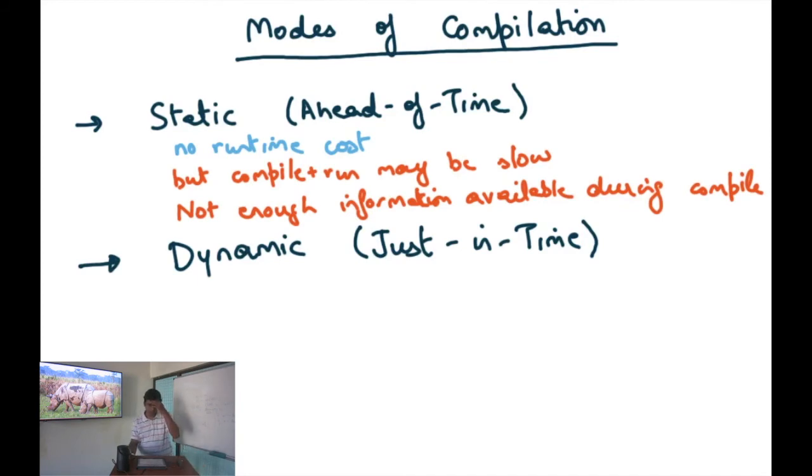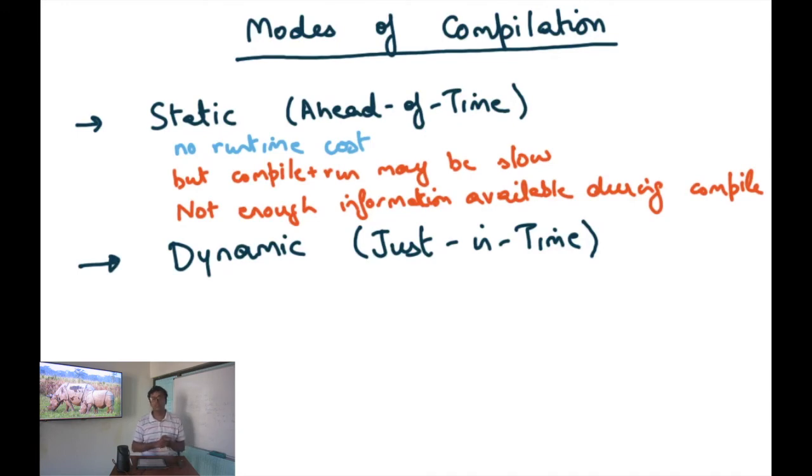However, there are some problems. One of the problems is that although the running of the executable is fast, the total, which is compile plus run, may actually be slower than just-in-time compilation or even interpretation. All right. So sometimes it may make sense to look at both of these together. For example, some programs are only executed a few times, and if that's true, then compilation cost should be considered.